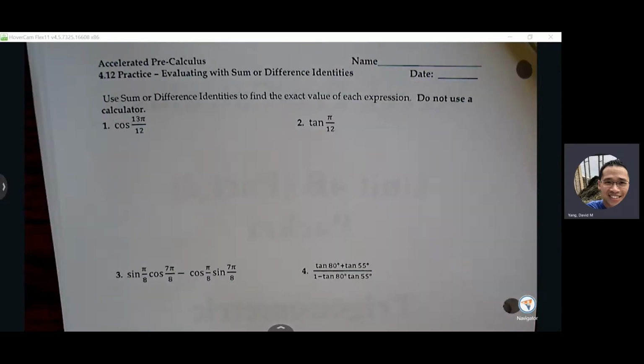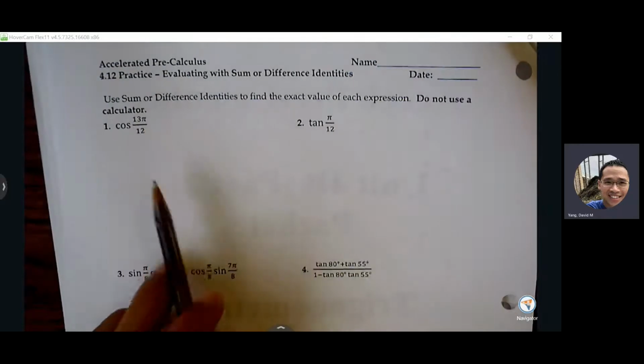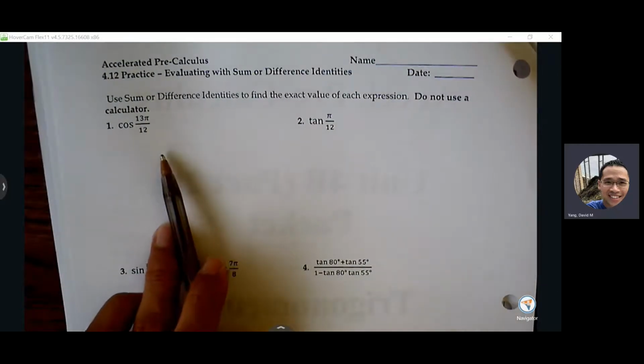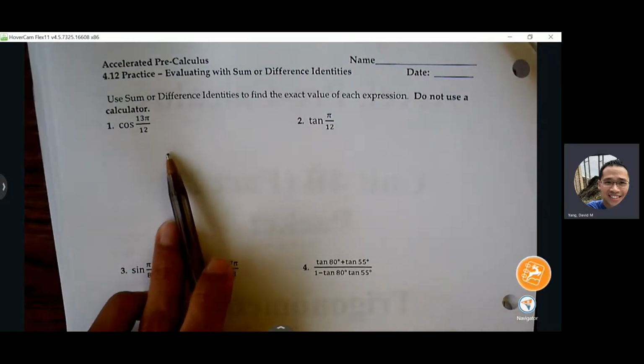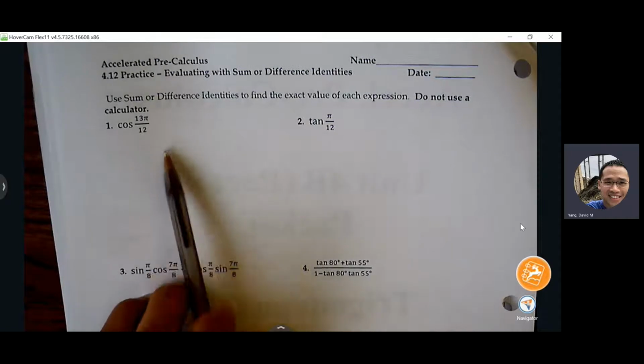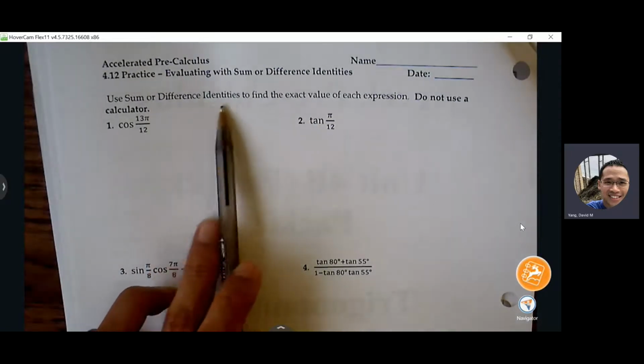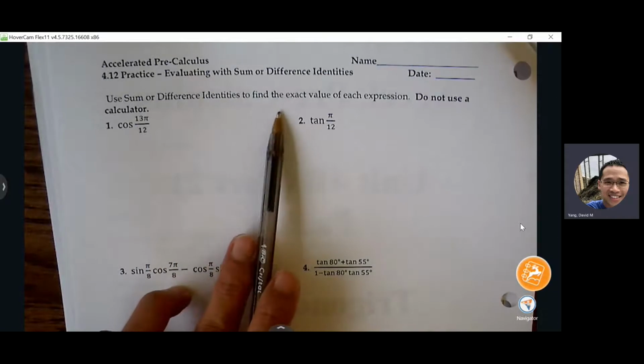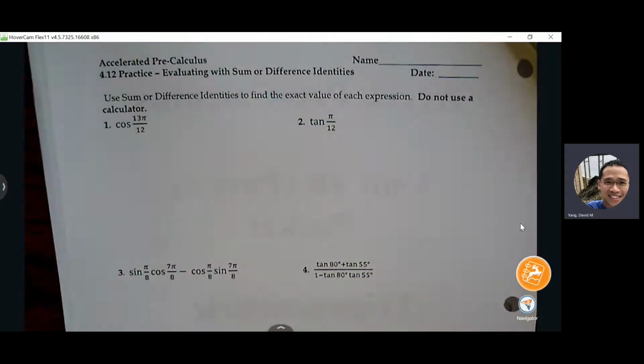Okay, so what we're going to do here is use sum or difference identities to find the exact value of each expression.